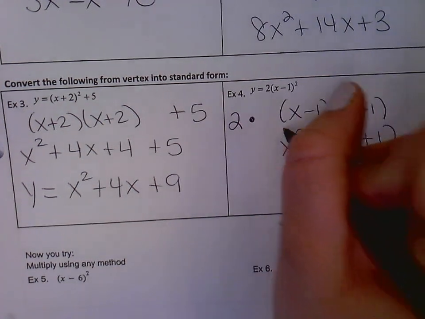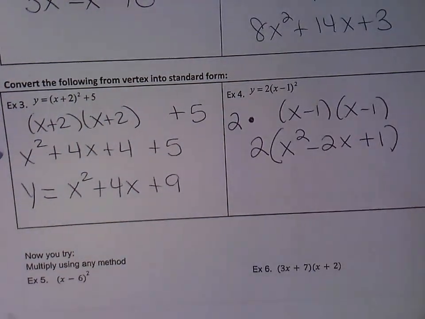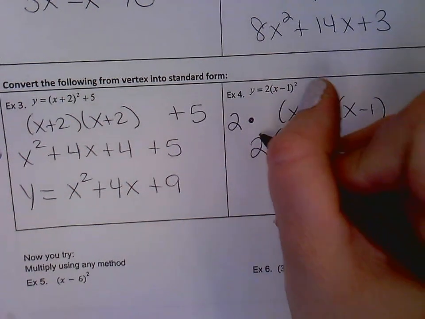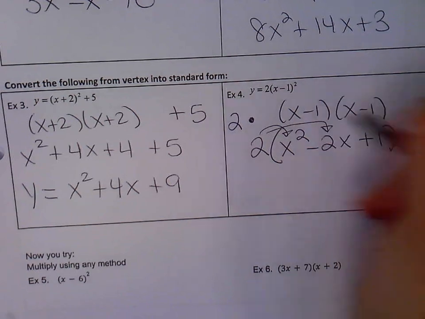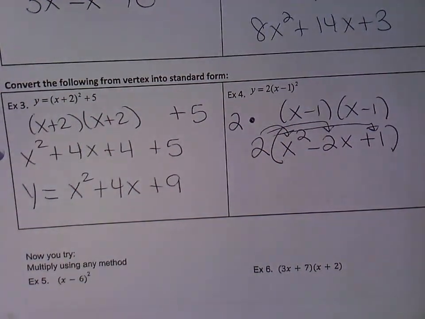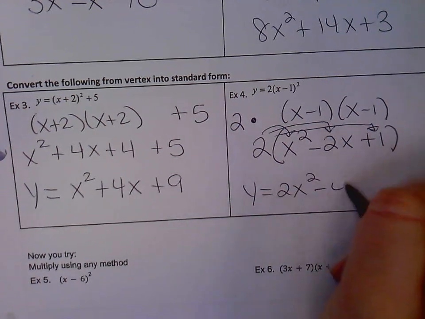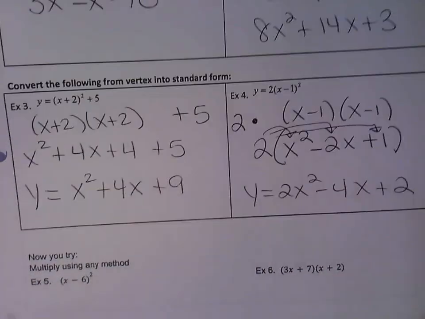That whole thing now is going to get doubled. So you're going to multiply every single term by the 2. You're going to distribute the 2, 2x squared. So I'm going to take the 2 now, and I'm going to multiply by all 3 terms. 2x squared minus 4x plus 2. Because it was a plus 1, wasn't it?